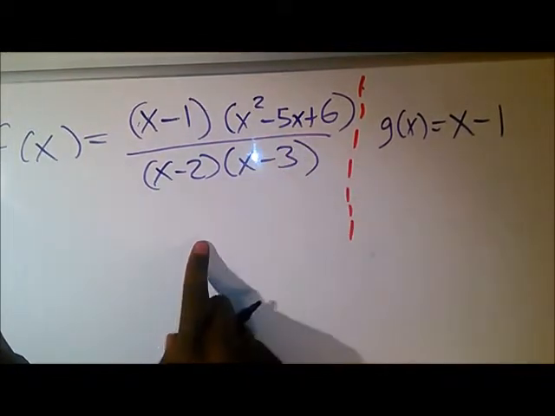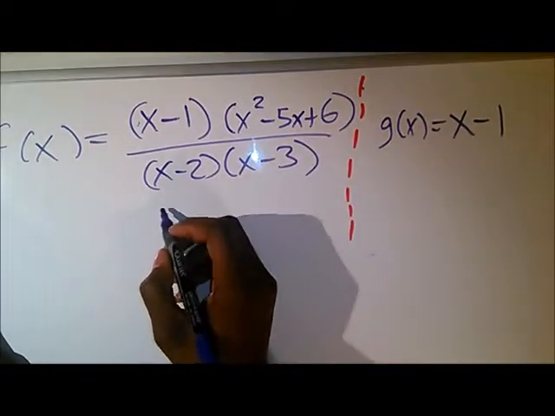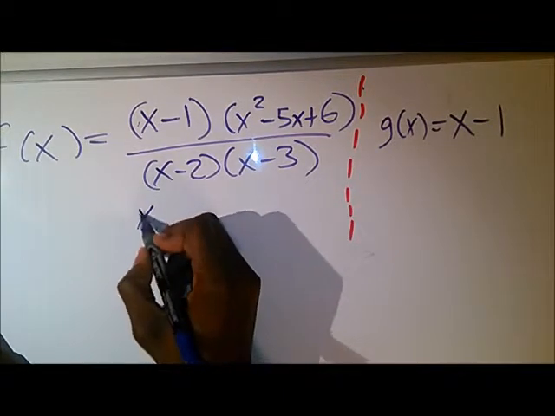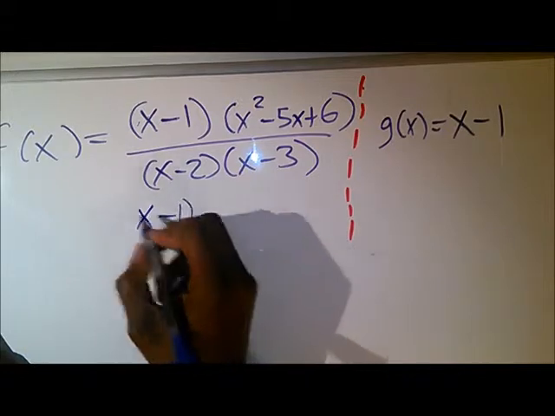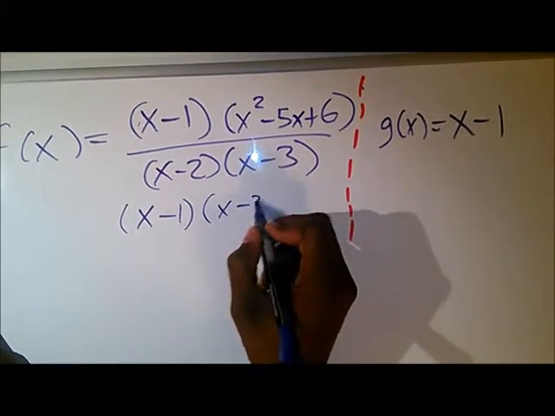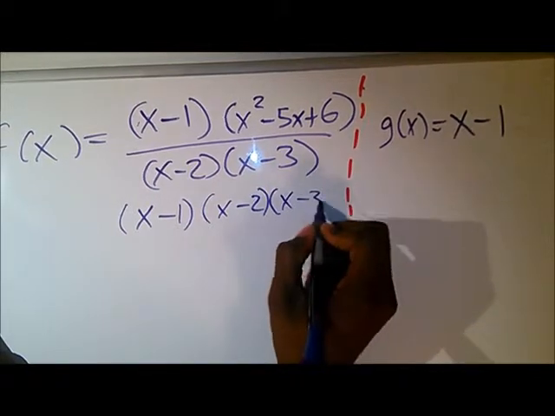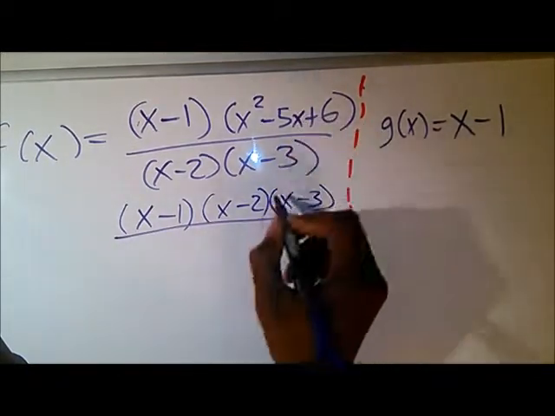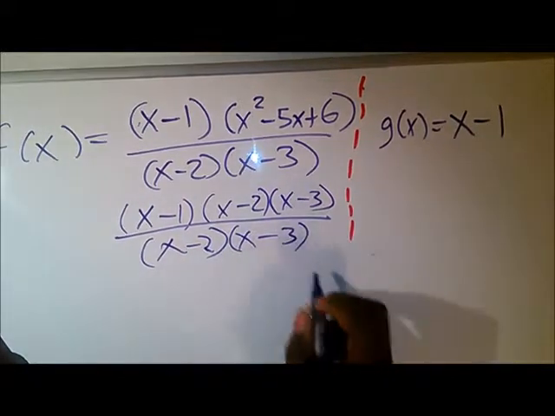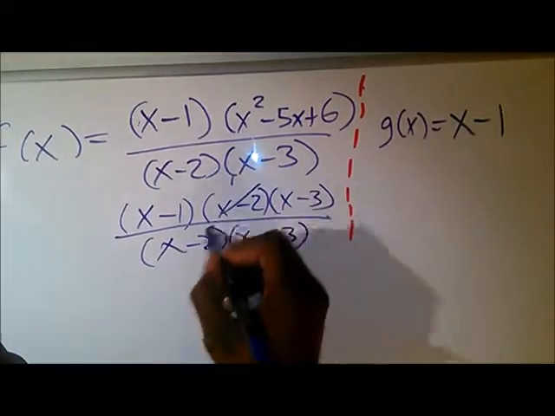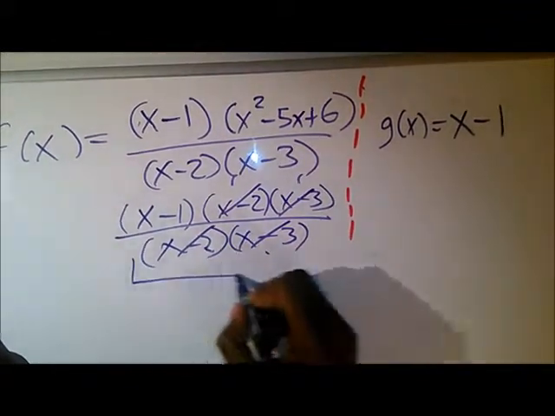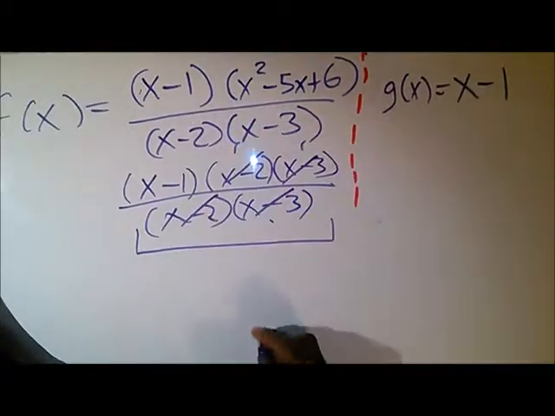Look at this, factor it. We factor that, and that cancels out, that cancels out. And so the factored form of this looks like this.